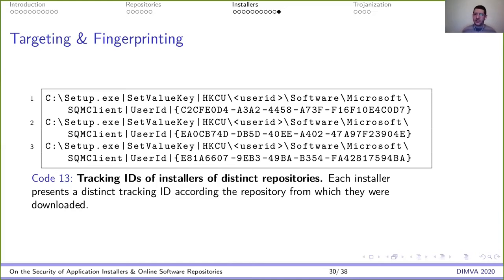We executed this experiment many times and identified that, according to the repository, there was a distinct ID. I'm not sure if they do that on purpose or if it's the only way things work, but in practice, we are able to fingerprint the origin of each one of these installations just by looking at the token that the third-party components were deploying on the system.